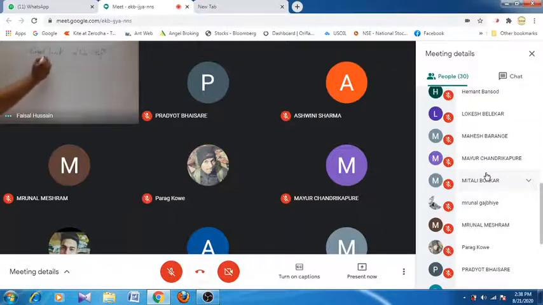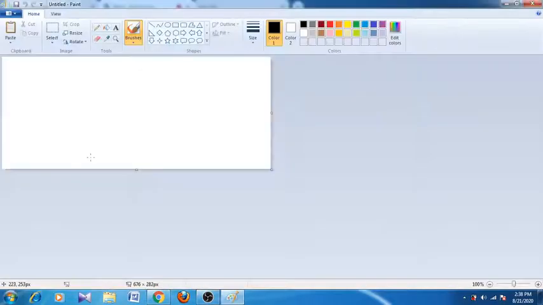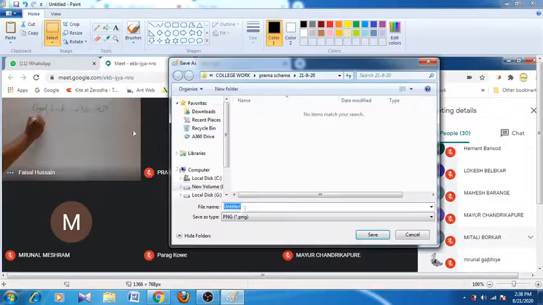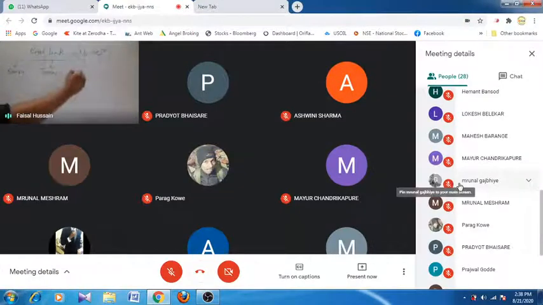So rigid link is again specified in 3 types. First is known as binary link, second is ternary link, and the third one is the quaternary link.